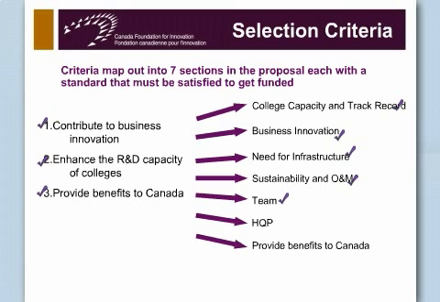This is a bit different from other applications, say CCI applications, where you have a number of criteria and information required in the proposal. Here, unlike CCI, it's not a free-form proposal. It's sectioned into sub-criteria that must be met.